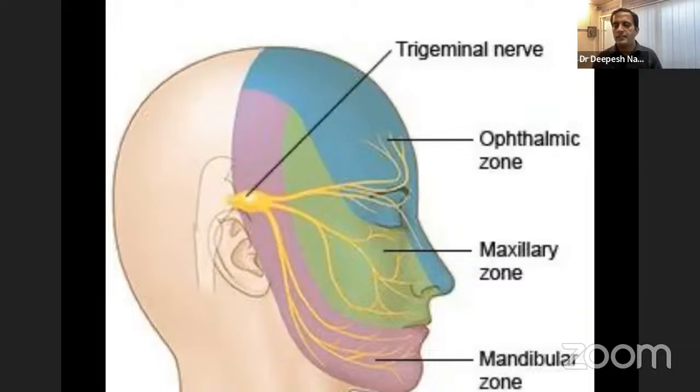Second is the maxillary zone. Third one is the lower mandibular zone. This third zone is related to TMJ pain also. So in this, we have to understand the zones, their types of pain, and their home remedies, the remedies by which we can get rid of it. But we have to understand the mechanics of the facial pain correctly.